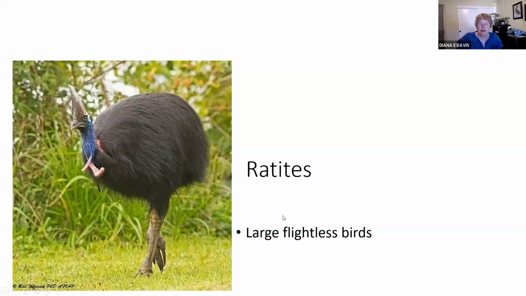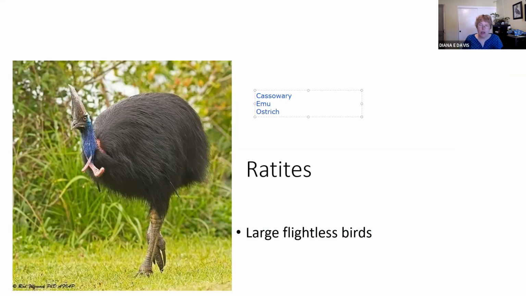All right, back to the PowerPoint. We also see this group has relatively long, very muscular legs. They walk, they run, they don't fly, so they have to have a lot of strength in those legs. This is a cassowary. This group also includes emu and ostrich.